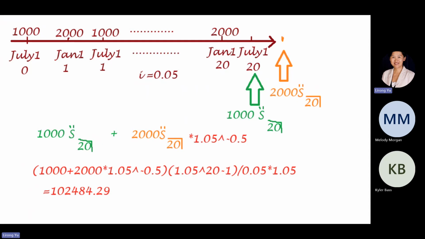So then the problem with this plan will be the 2,000 payment is on January 1st. If you're using 2,000 times s double dot, that's the value calculated one unit of time after the last payment, ending on that January 1st, the 21st. That's actually half a year after the ending time. So you have to discount it back to July of year 20.